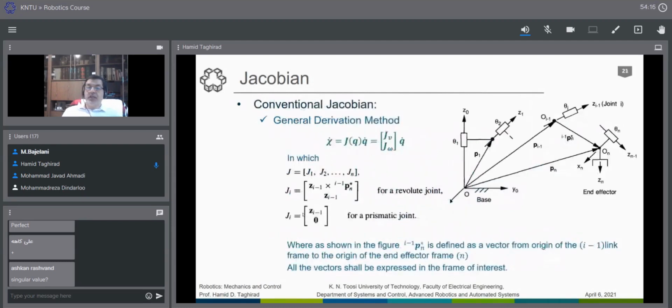Let's try to find the Jacobian in terms of a general formulation or general derivation method. And again, we use two ways. One way based on Denavit-Hartenberg parameters, and the other way, which is much more interesting, based on the screw-based Jacobian and screw axis definitions.